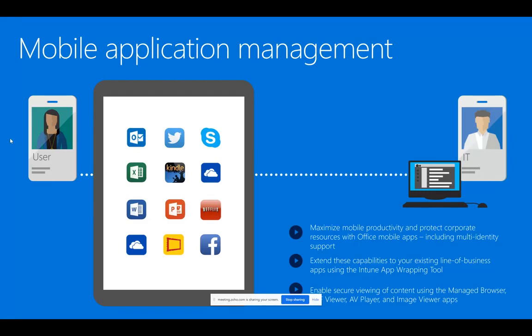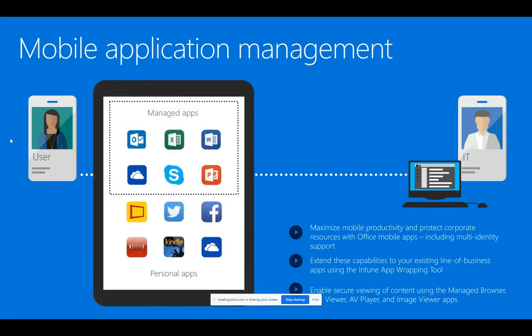So maybe on an end user device, the moment I push a mobile application management component, it will identify which of the applications are corporate applications and which of the applications are personal applications. It will then categorize the corporate applications, bring them together, and start pushing the security profile over these applications only.